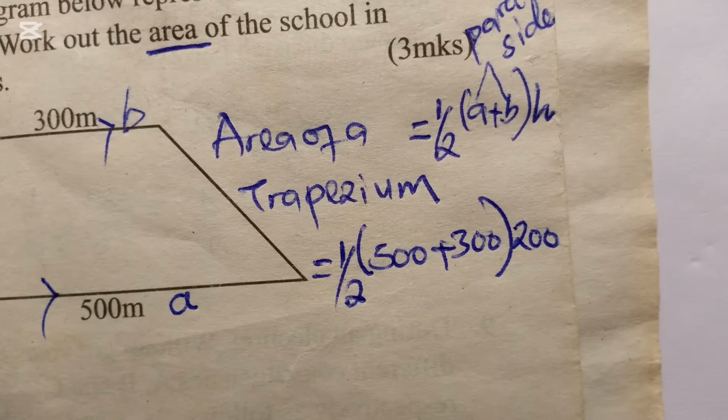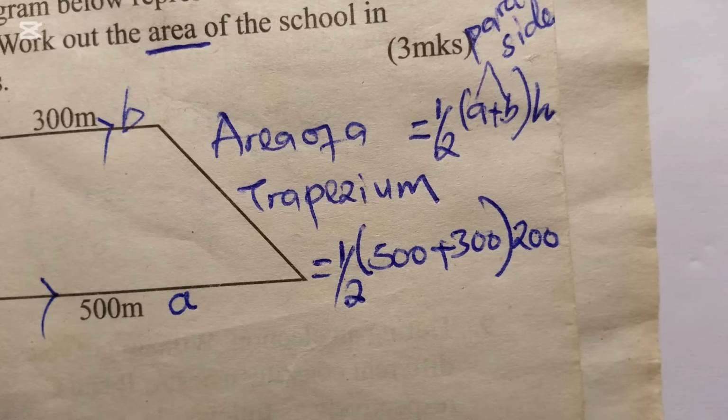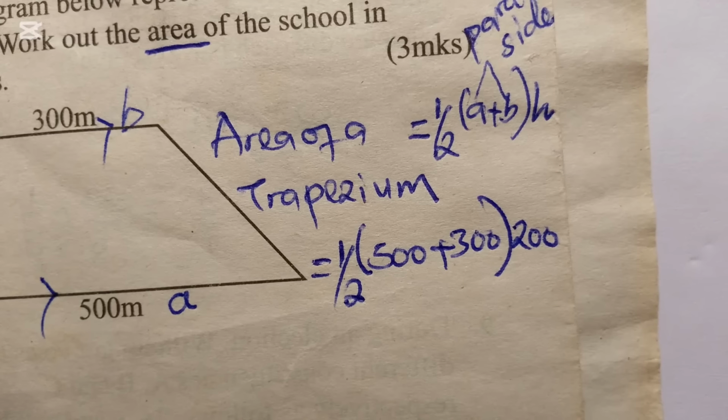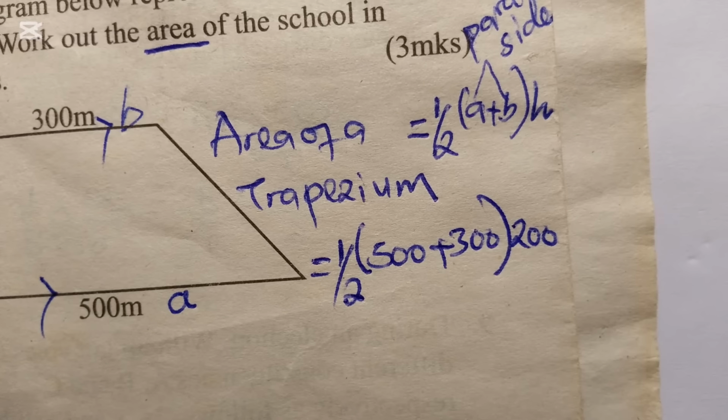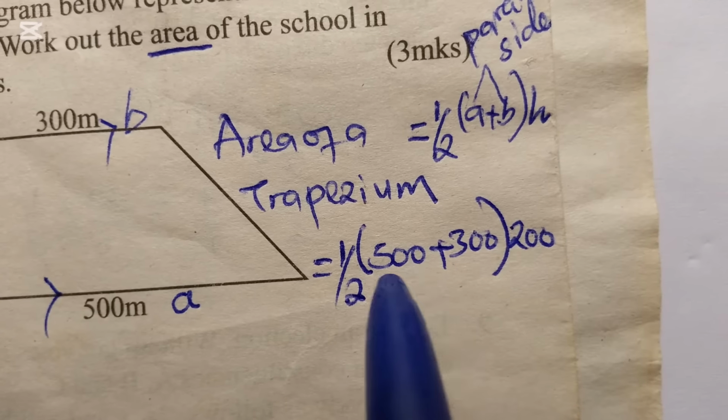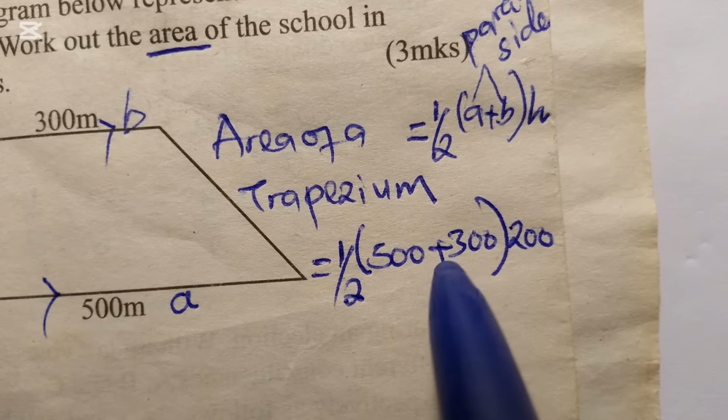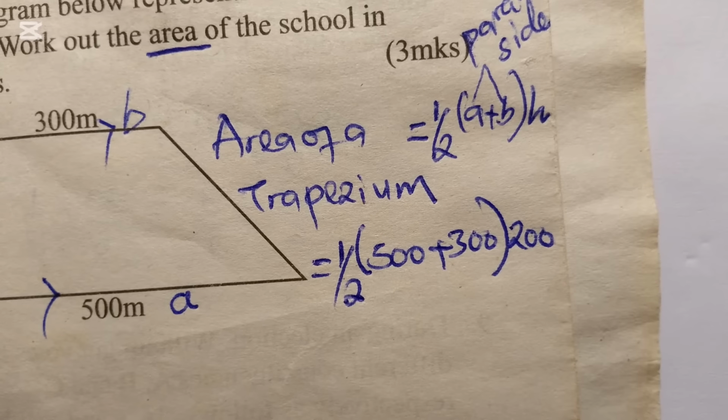Now look at this. During marking or assessing my students and the learners I've come across, you find that they make mistakes in this question. Somebody writes the formula very well, substitutes very well, correct? But at this stage, they make a mistake. Which is the mistake? Taking a half, multiplying by 500 directly, then adding 300.